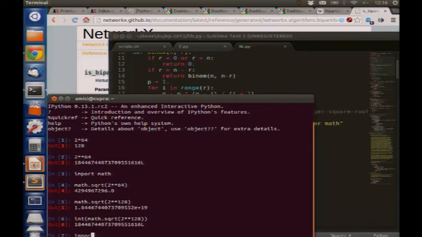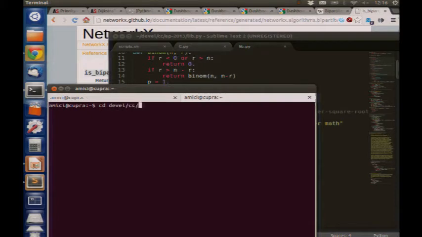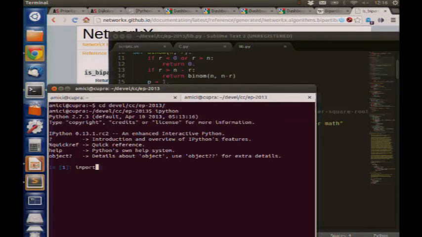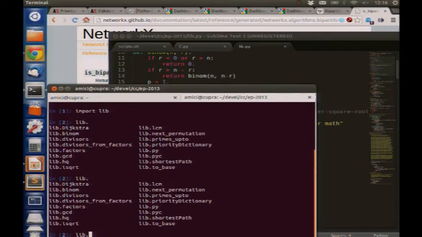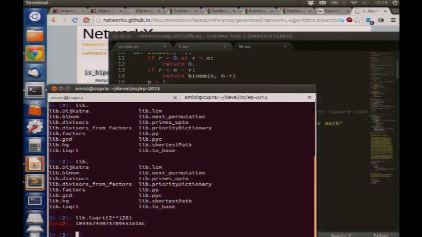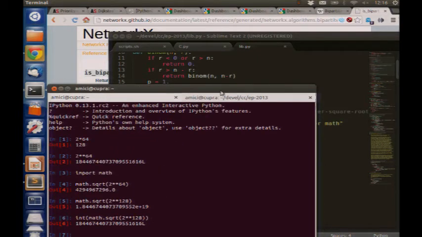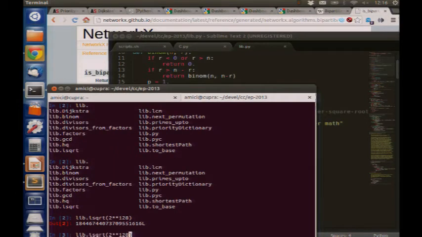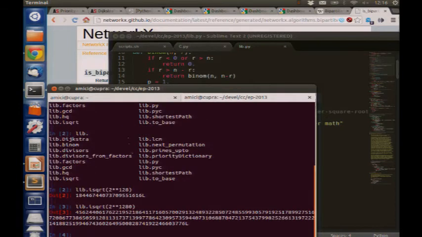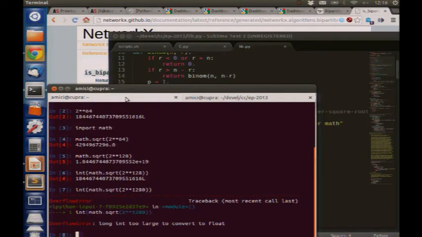Now let's try importing isqrt from the library. So it was 2 to the 28. Okay, it's still correct. So let's go one more. Int too large to convert to float.